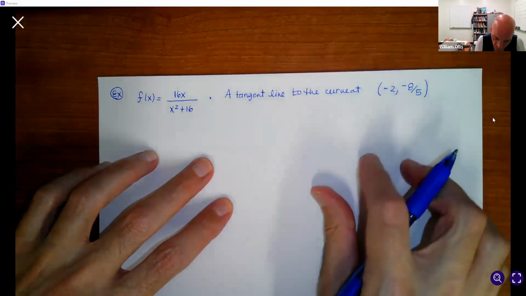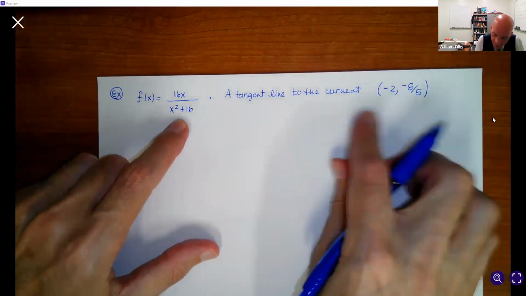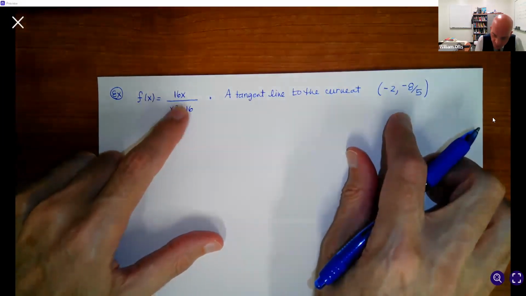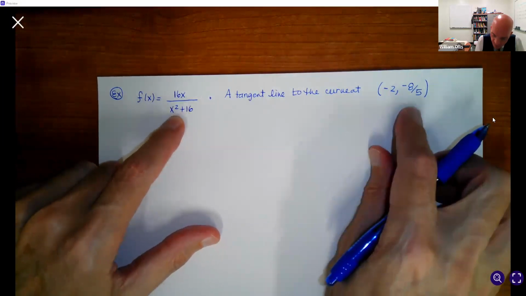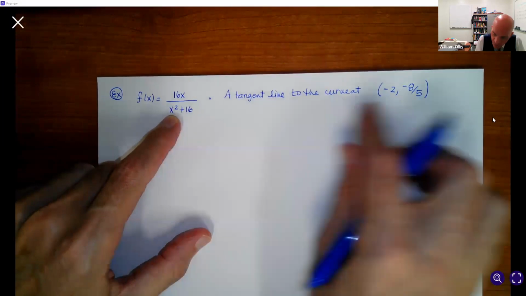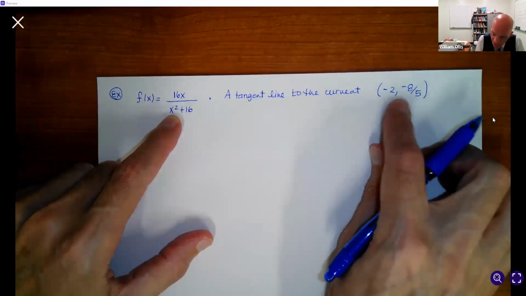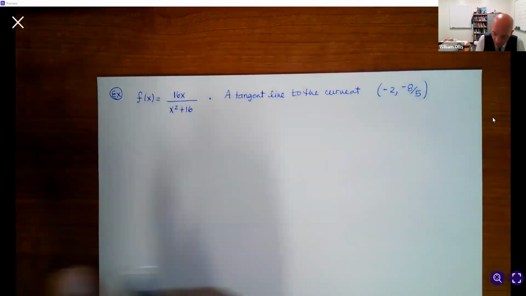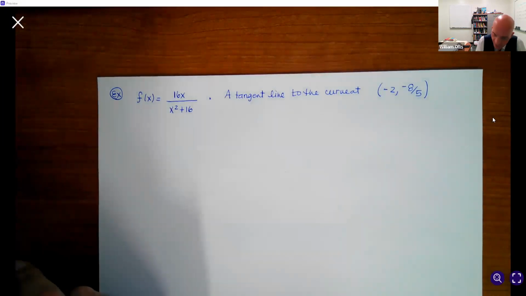So again, when you look at this and you substitute the -2 and do the arithmetic here, you get the -8. So this is actually a point on the curve, and obviously we need that.